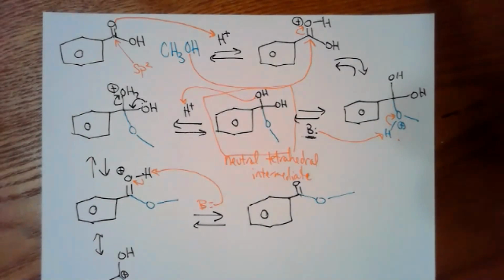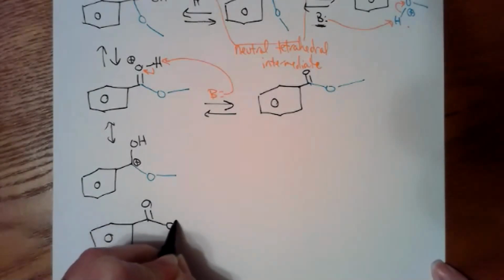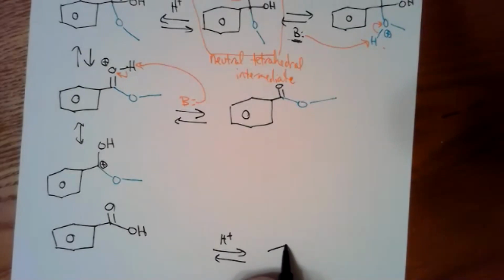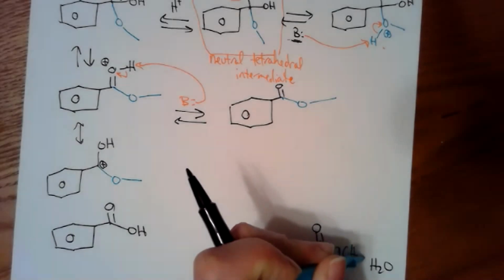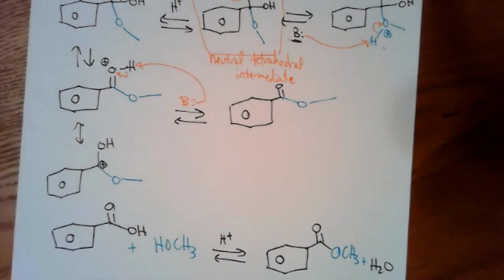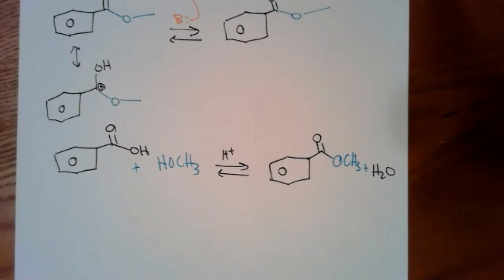Sure. So if we talk about the reversibility of it for a quick minute, how do you favor formation of the products? Sorry. I'm a slow writer sometimes. How do you favor formation of the product in a reaction like this?